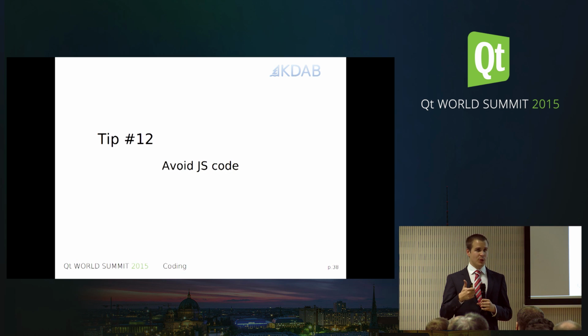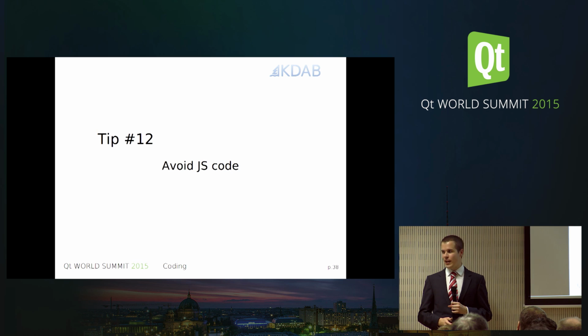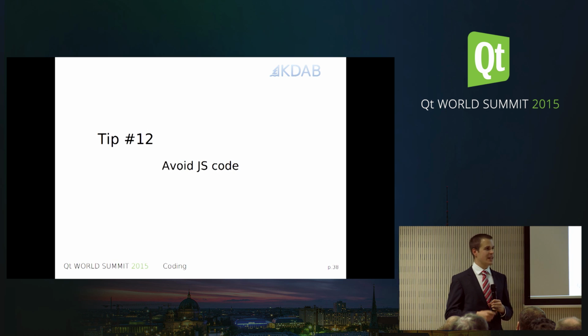One reason is performance. JavaScript code is, I don't know, 10 or 50 times, something like that, slower than the equivalent C++ code. So it will gain you a big performance advantage. Second one is maintainability. If you have your code in C++, the C++ compiler will check the code for you at compile time.